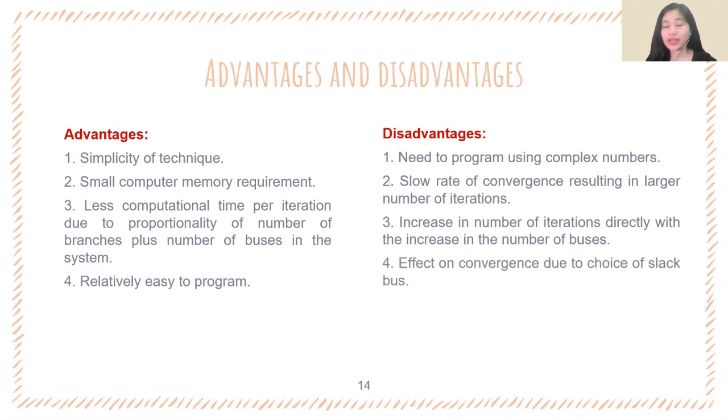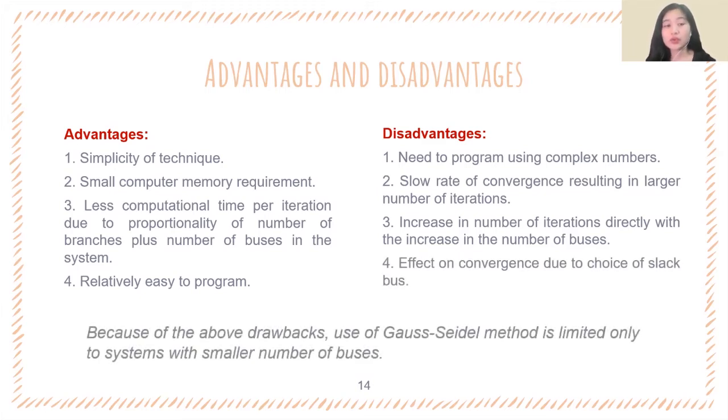And lastly is the effect on the convergence due to the choice of slack bus. And of course, due to this number of drawbacks, the use of the Gauss Seidel method is limited only to systems with a smaller number of buses.